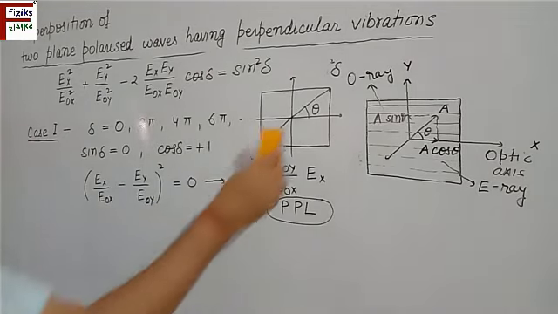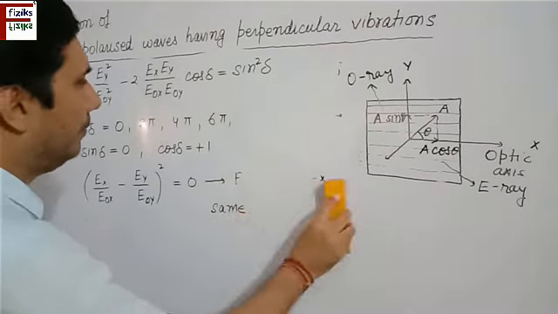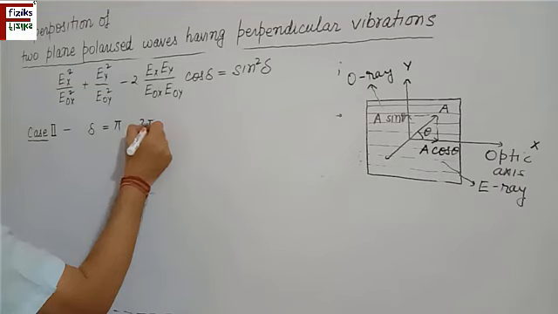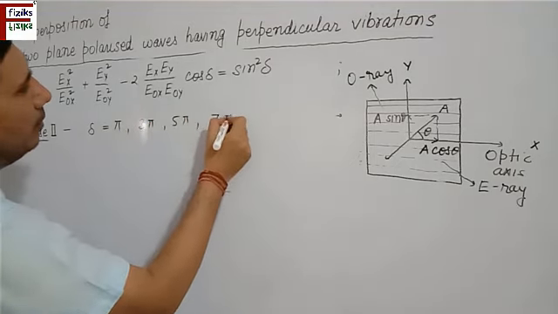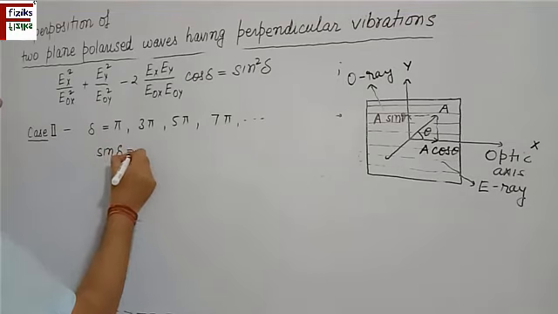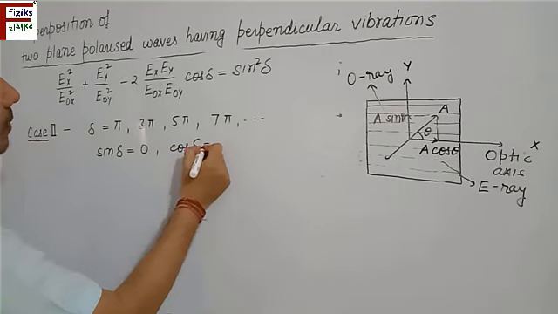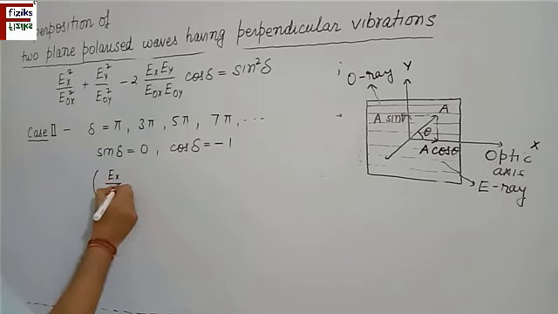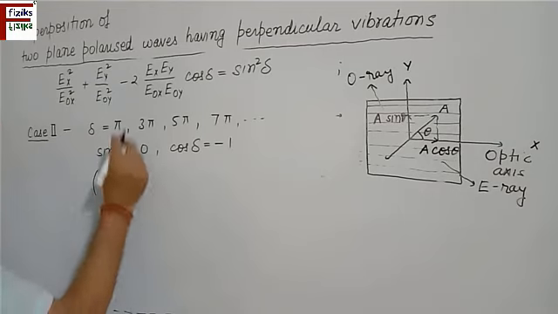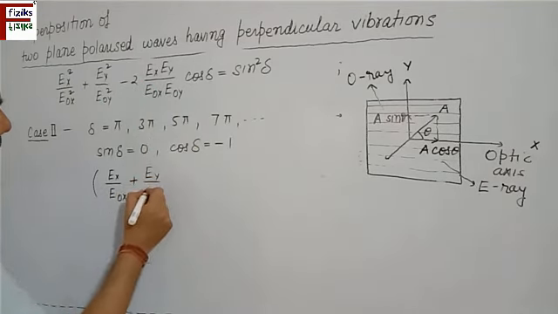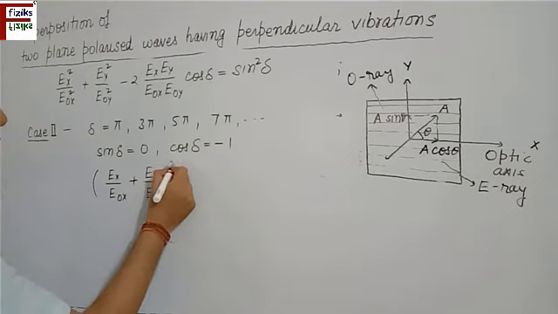Now come to the second case. Case 2. If delta is equal to pi, 3 pi, 5 pi, 7 pi, odd multiples of pi, then you will see that this sine delta will again be 0, but this cos delta will be equal to -1, and this equation will change into (Ex upon E naught x with plus sign here, because this cos delta is -1, so this minus will become plus) plus Ey upon E naught y whole square is equal to 0.